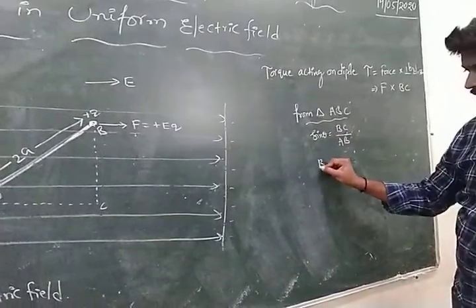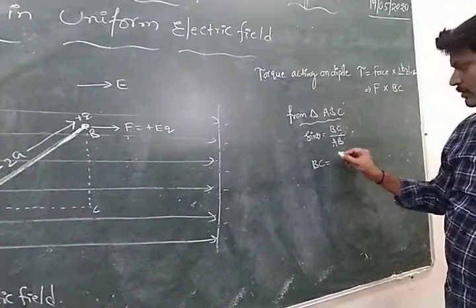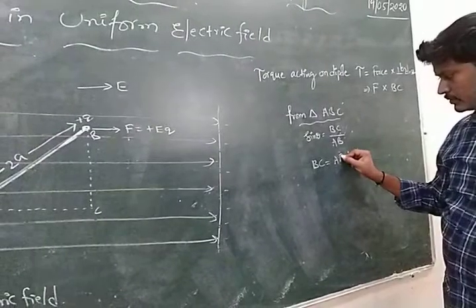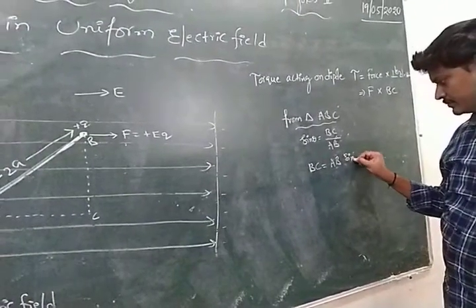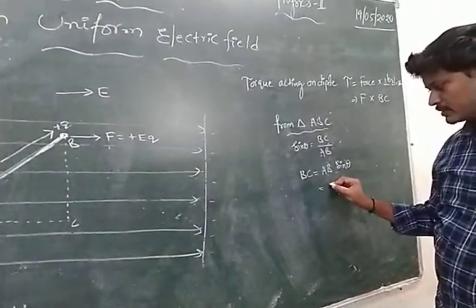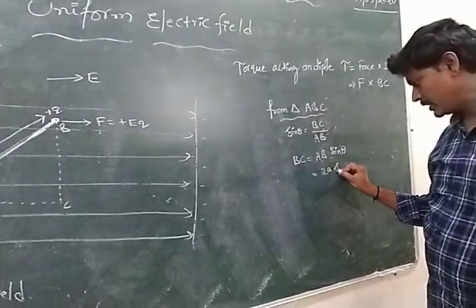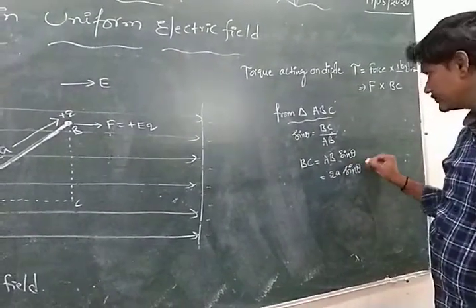Therefore BC is equal to AB sin theta. AB is nothing but the length of the dipole, so BC is 2a sin theta.